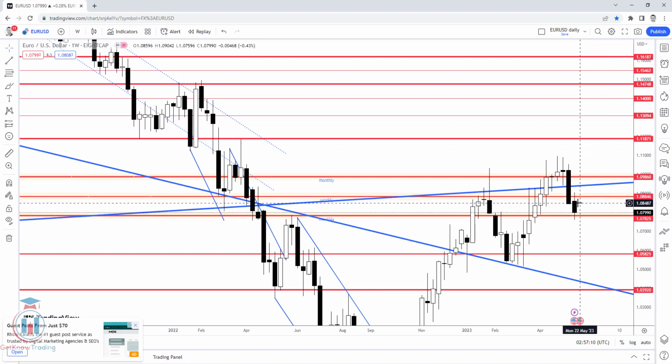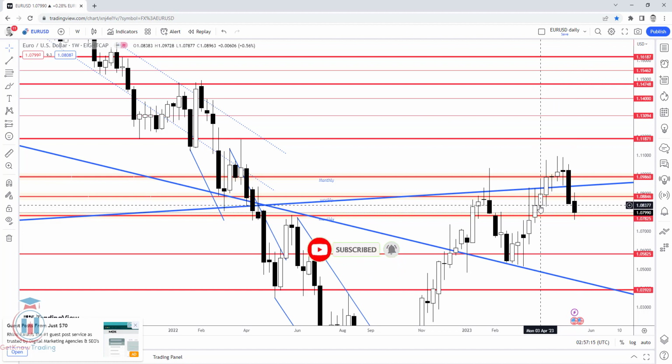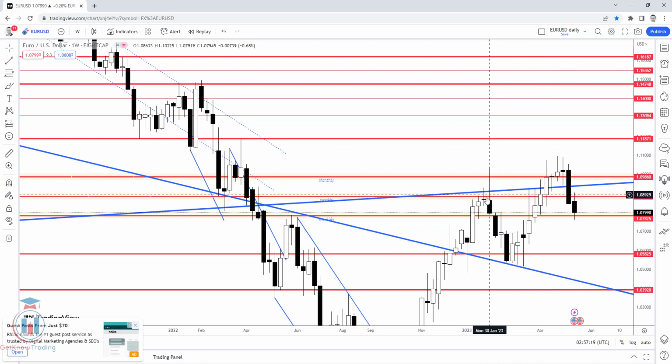So the critical levels for the bulls currently are, as the first one, 1.084, and the most critical is this area here, from 1.086 up to 1.089. These 30 pips are very critical for the bulls.